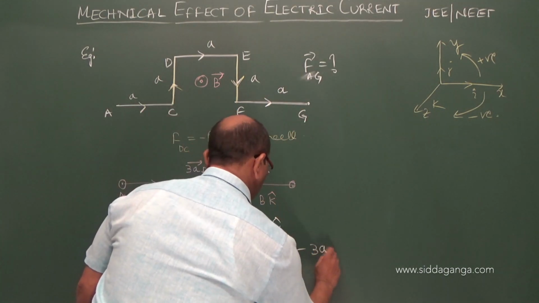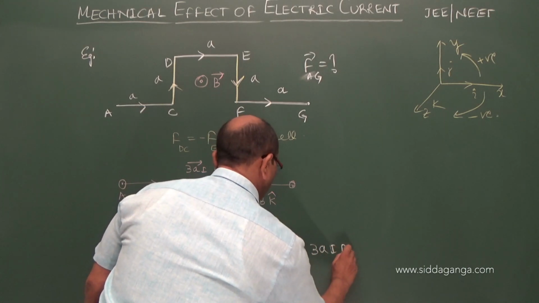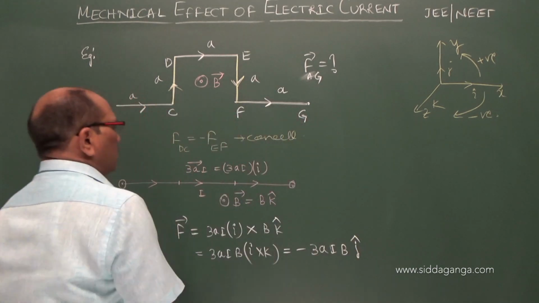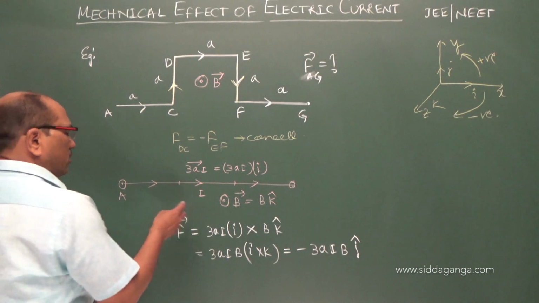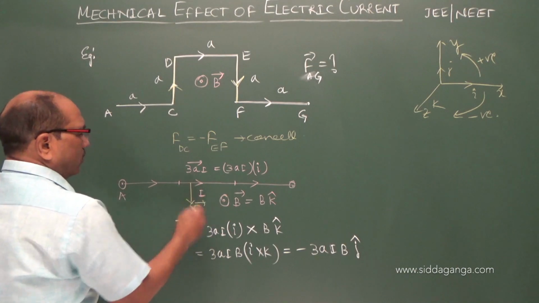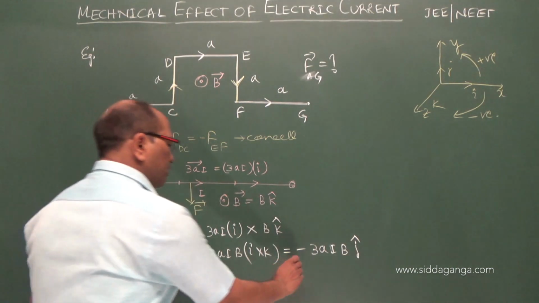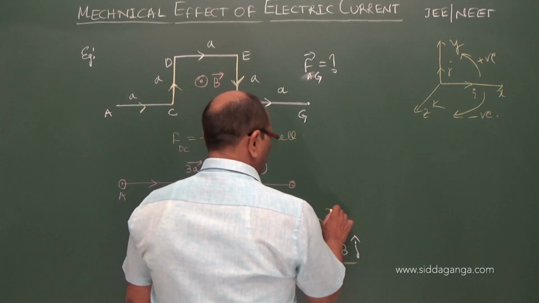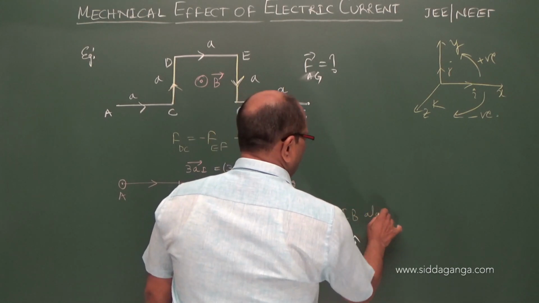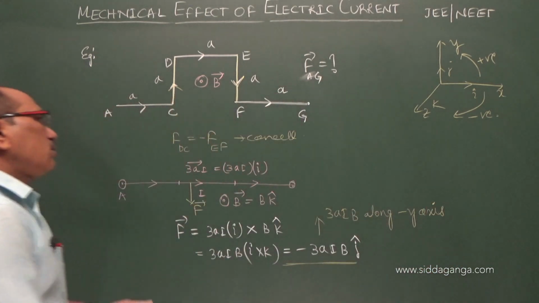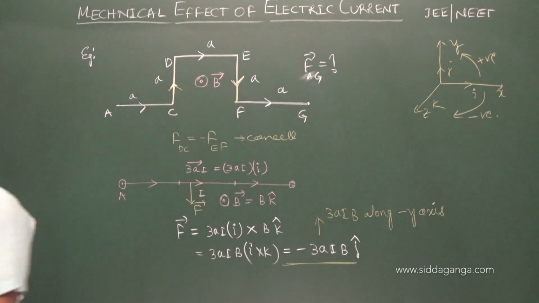Therefore, minus 3AIB J. That means negative y-axis, so the force is acting downward with this magnitude, 3AIB along the negative y-axis. So if you use vector algebra correctly, you will get the fine answers in those.